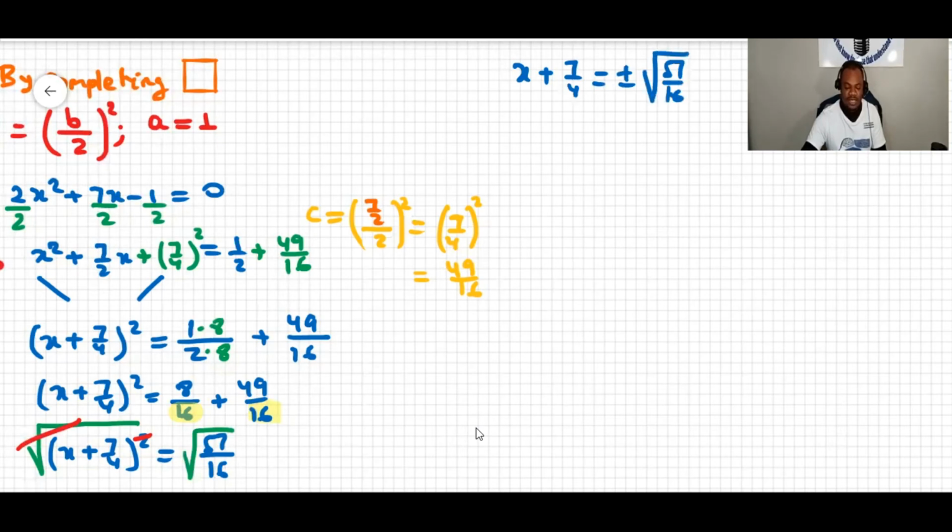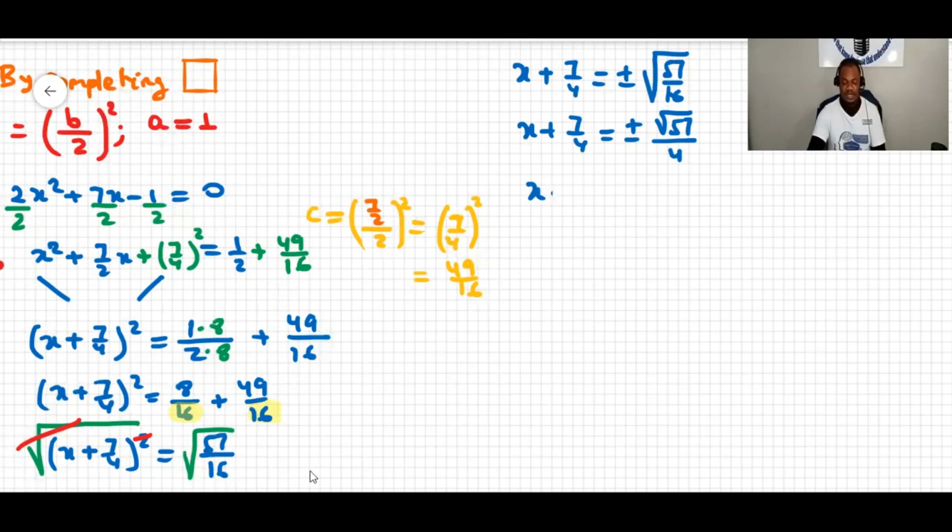And then this is x plus 7 over 4 equal to plus minus root 57 over 4. And then we can move the 7 over 4 to the other side of the equal sign.